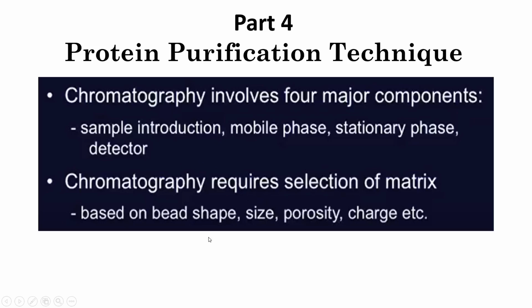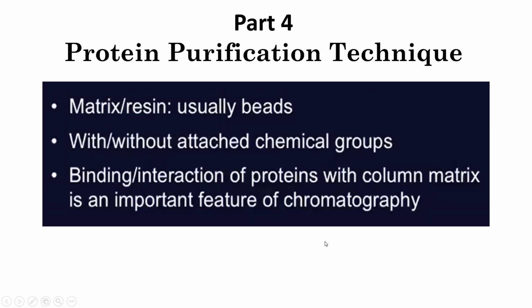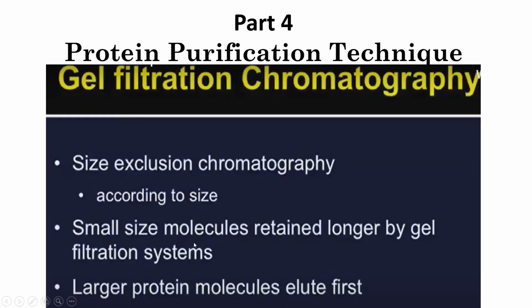And it requires a solid material, which is a matrix, which is basically beads, and depending upon the size, the porosity, and the charge, there are different types of purification technique. So as I just said, the matrix is generally beads, and they may or may not be attached to a chemical group depending upon the type of technique you want to use for purifying the protein.